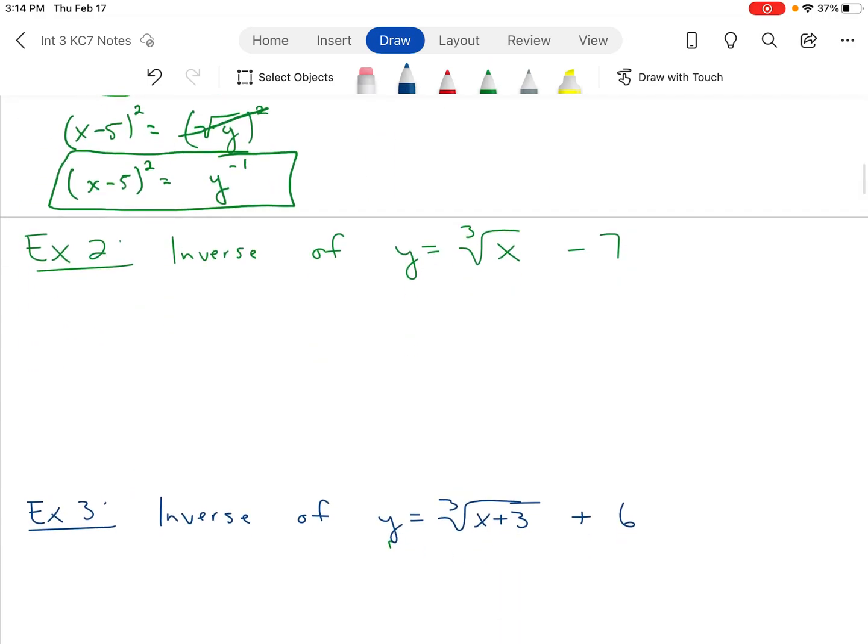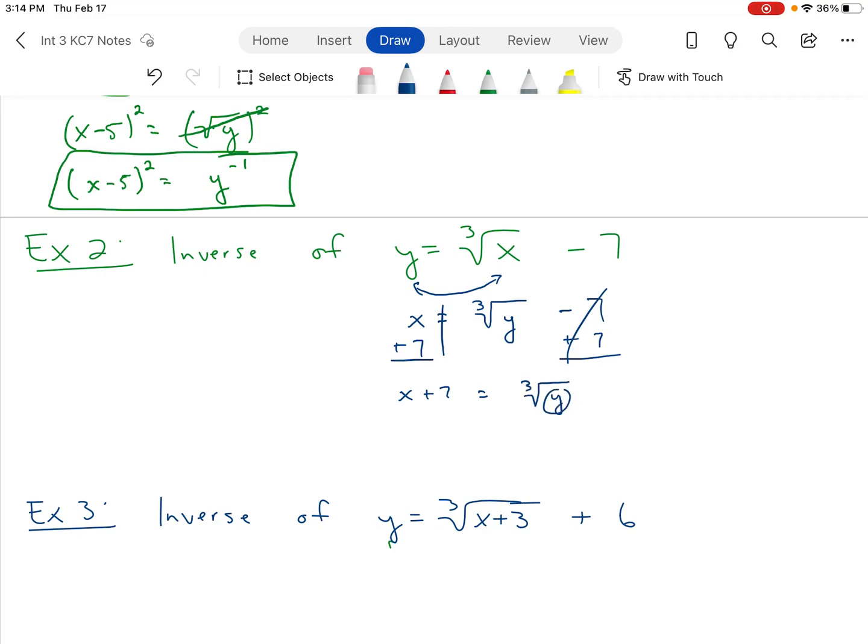Okay, second example. I want to find the inverse of y equal to the cubic root of x plus 7. So again, I'm going to switch my x and y. So this becomes x is equal to the cubic root of y minus 7. Add 7 to both sides of this equal sign. I get x plus 7 is equal to the cubic root of y.